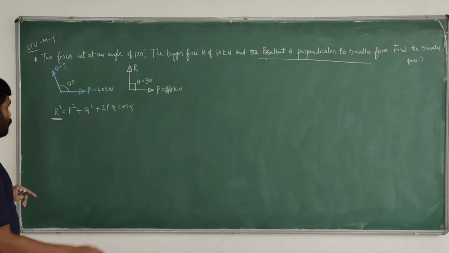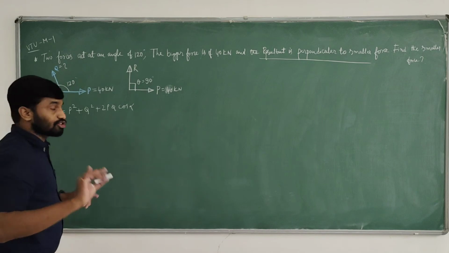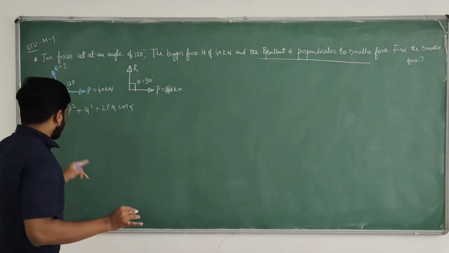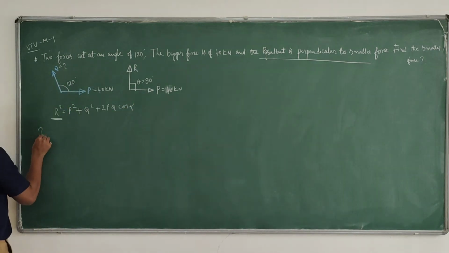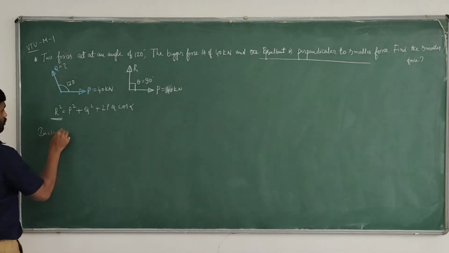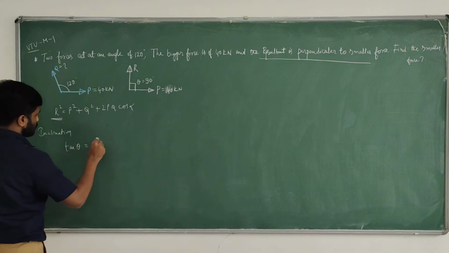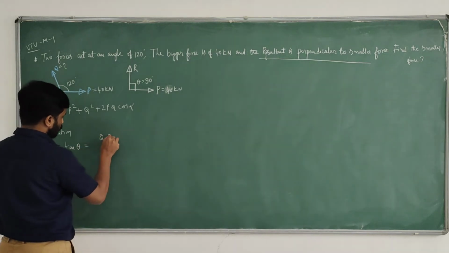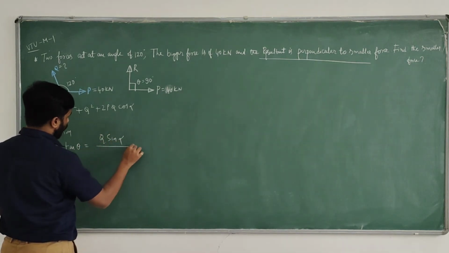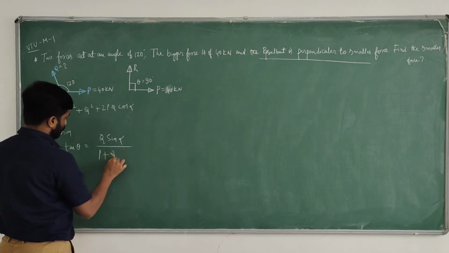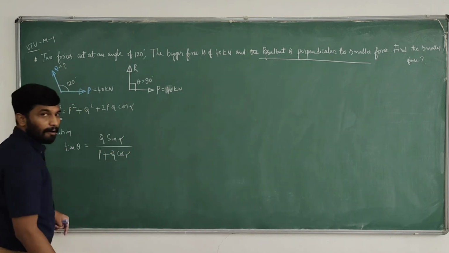For this, we are dealing with the resultant inclination, and the condition is also given. The resultant inclination equation is tan theta equals Q sin alpha divided by P plus Q cos alpha.